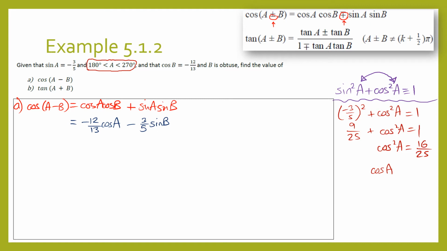That means cos A, if we think about the graph of cos, so there's 360, there's 180, so this is 270 here. This is the cos graph. If A is between 180 and 270, that means cos A is negative. So we only want the negative square root here.